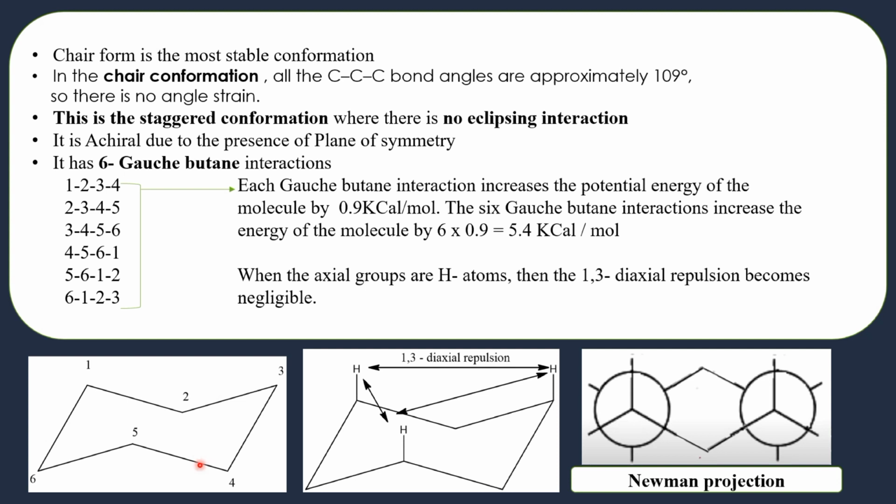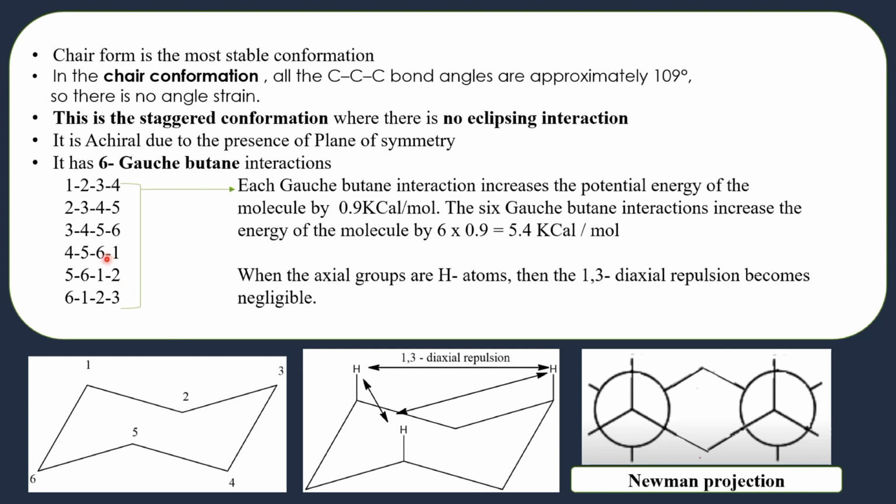Just like that, 1, 2, 3, 4. This part of the molecule can be considered like n-butane, and with respect to the bond between C2 and C3, these two bonds will have the gauche interactions. So like 1, 2, 3, 4 and 2, 3, 4, 5, you can find 6 gauche-butane interactions.